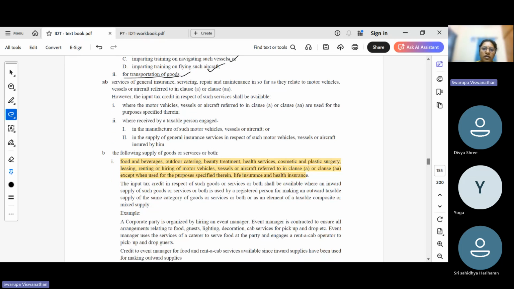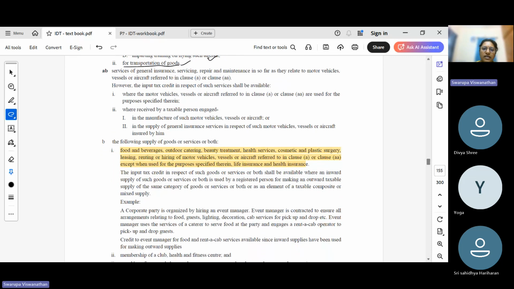The idea of blocked credit is that when a particular good or service is used for personal purpose, we should not transfer the liability of credit to somebody else. For example, a business is having a motor car, or a fleet of cars to provide transportation facility to the employees.